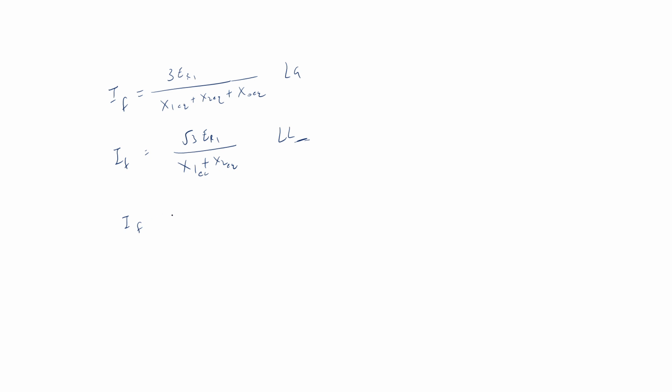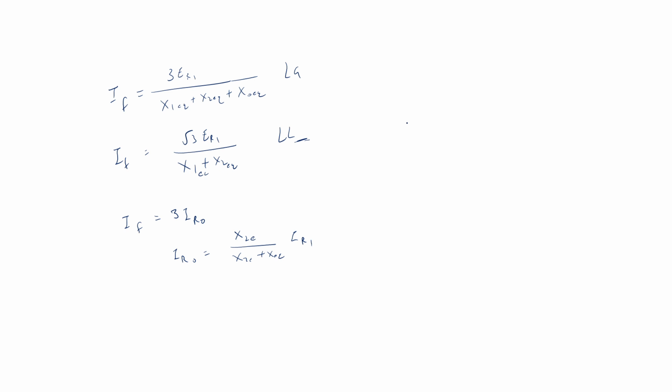Now coming to LLG, it is somewhat difficult. For LLG fault, the fault current is 3 IR0. Whatever the IR0 is equal to X2 equivalent by X2 equivalent plus X0 equivalent into IR1. Now what is IR1?